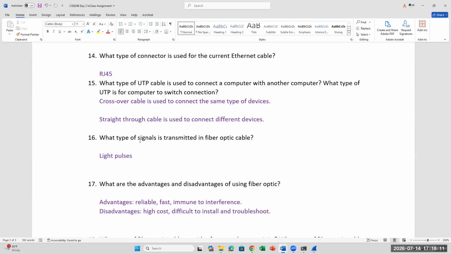Now, how do we know if it is unshielded or shielded? So UTP stands for unshielded twisted pair, right? For a cable that is unshielded, when you strip it, I only need to take the plastic off. So don't run it over and over.